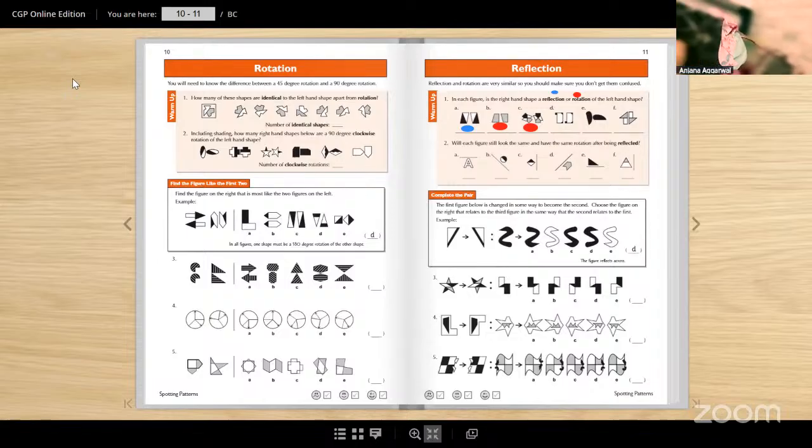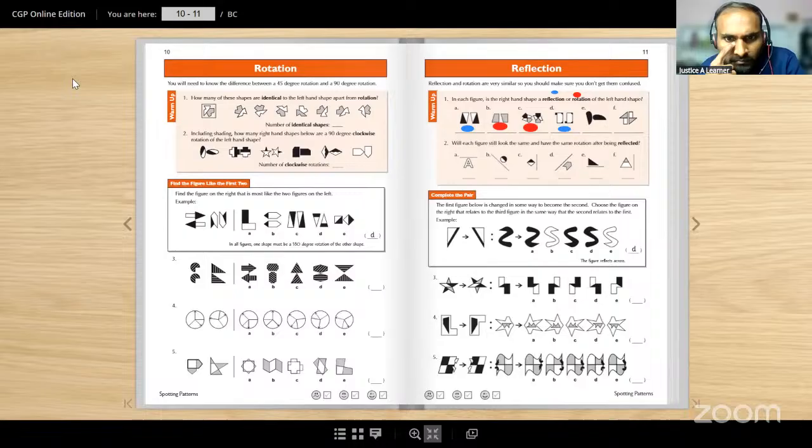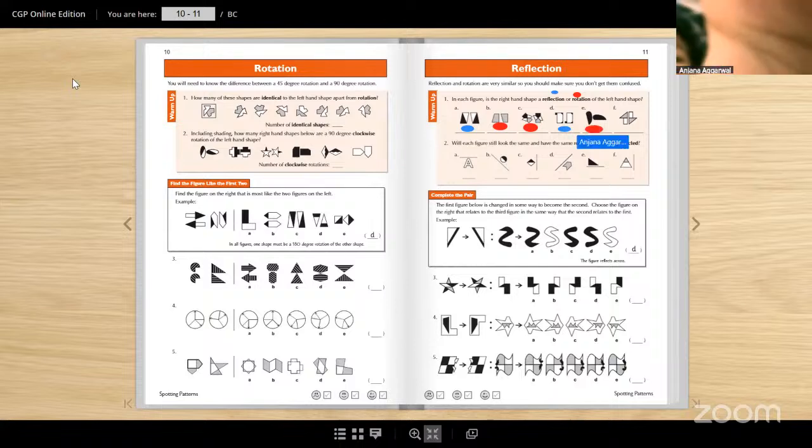This is reflection. Rotation. Reflection.